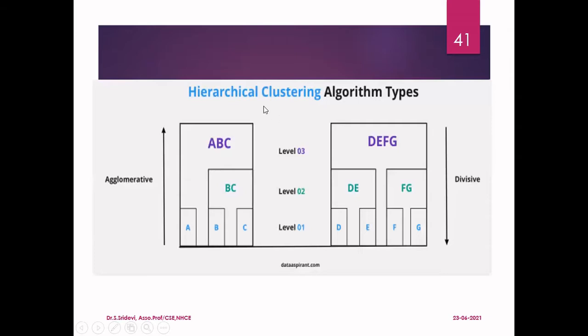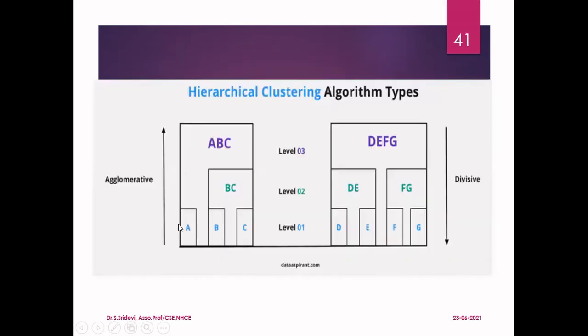Now let us focus on the graphical representation to understand. In agglomerative, I am going to first treat all the data points separately. A, B, C are the data points. Initially, all the data points will be considered as separate clusters. Now I'm going to join two clusters and form one combined cluster. So B and C are joined, and I get BC.